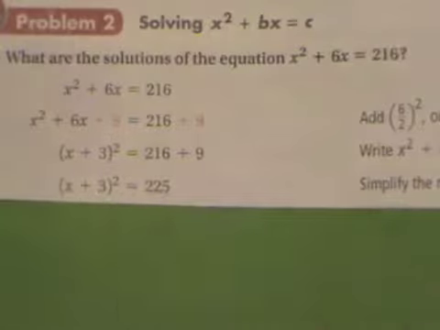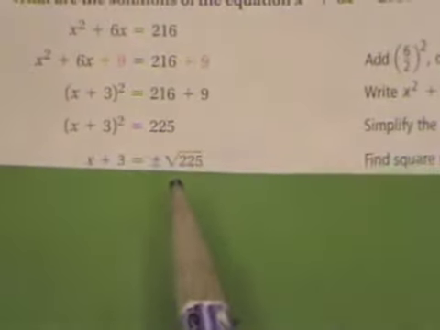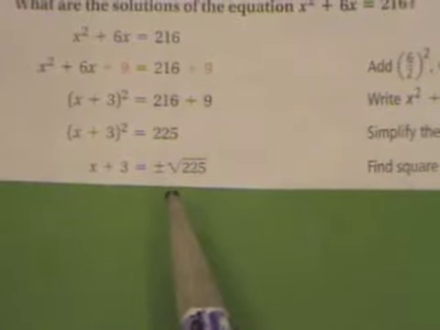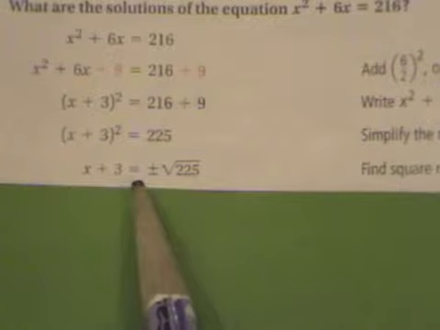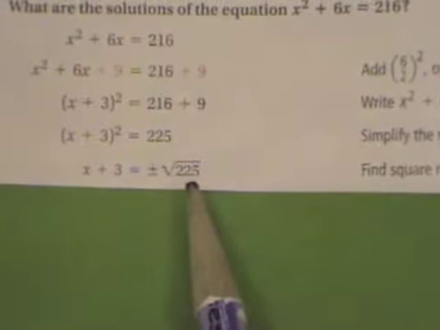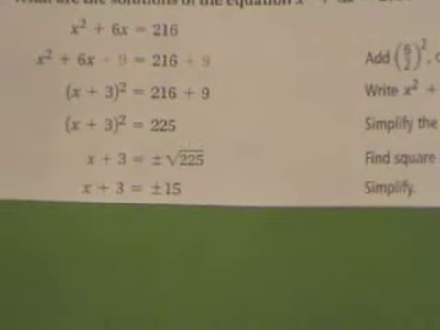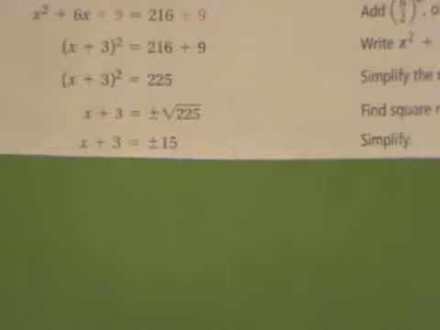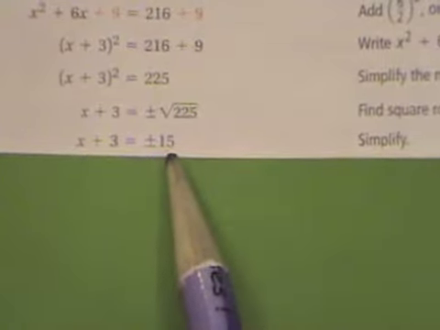Okay, there we go. And what are we left with? Ooh, that's a kind of a wacky looking answer. So we have x plus 3 is equal to plus or minus the square root of 225. And what did they do with that? Oh, look at that. They figured out that the square root of 225 is plus or minus 15.